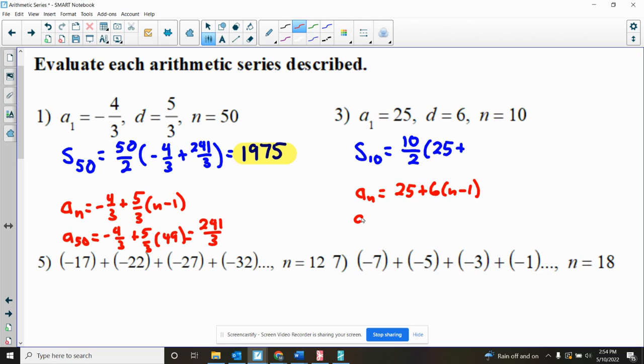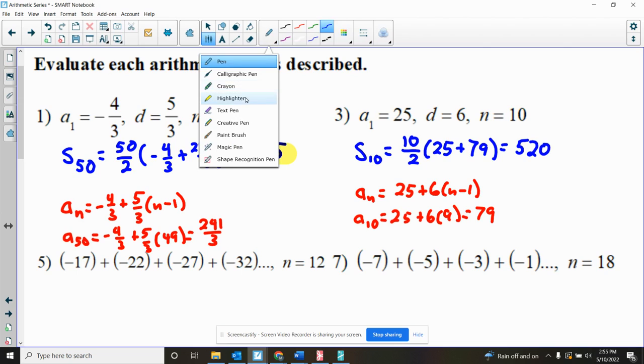Okay, so the 10th term. So 10 minus 1 is what gives us the 9. So that final term then is a 79. All right. And I hope that you ended up where I ended up at the 520 for the sum of those first 10 terms.